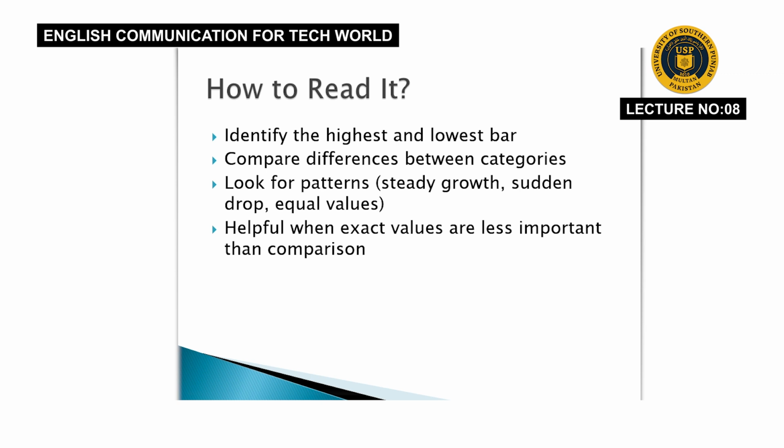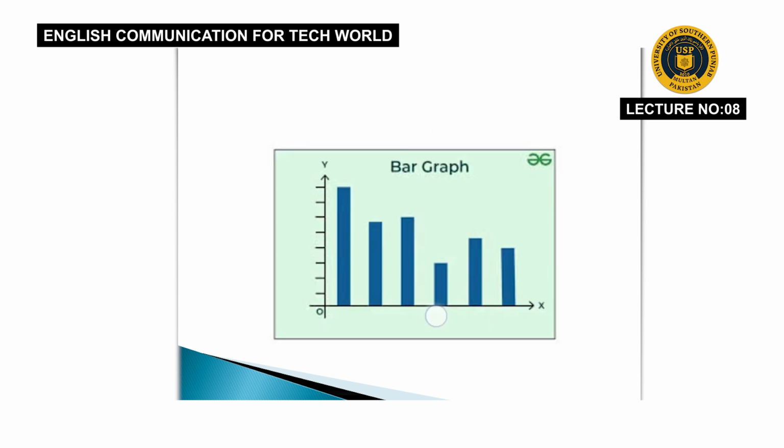Are some specifically taller? Look for patterns such as steady growth, sudden drops, equal values, irregular variation. So, bar charts are useful when the goal is simple comparison rather than exact numerical accuracy.